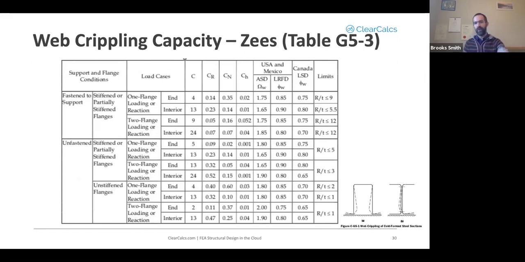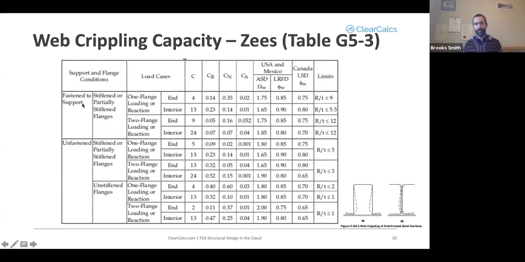You have a similar equation for Z's, similar table for Z's. And again, you look up whether it's fastened or unfastened, stiffened or unstiffened, 1 flange or 2 flange loading, and end or interior. Of note, there are cases that have not been tested and don't exist in the table.